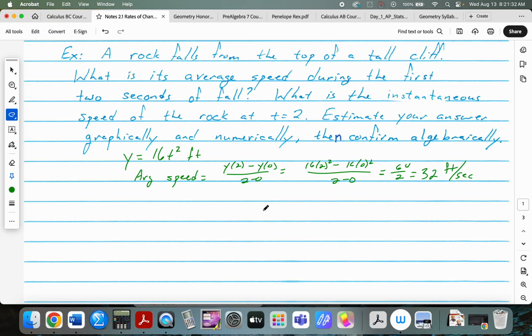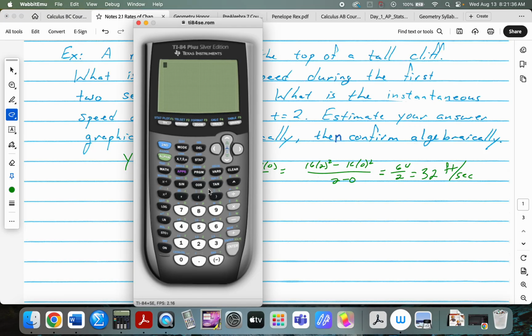If you've got your calculator, pull that puppy out. All right, so what I'm going to do is go into y equals and say 16x squared.